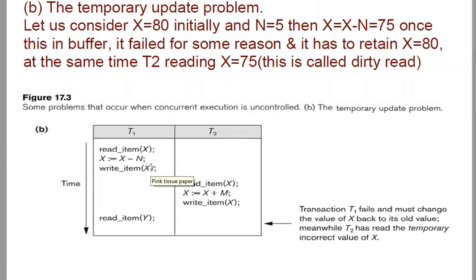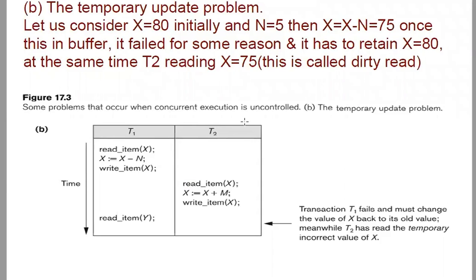For any reason, if the transaction fails before writing the value 75 in the database, what happens? The 75 value will not be there. Instead, it should be brought back to its original value. So the value should be reverted back.